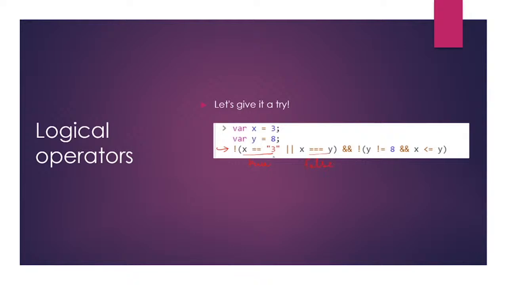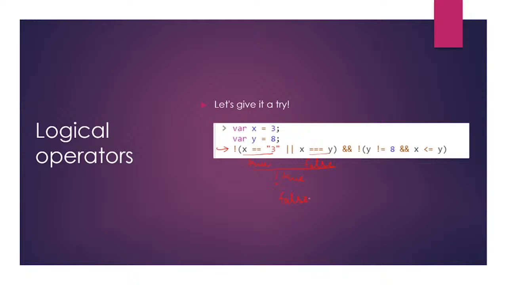Then in between these true and false conditions lies an OR symbol. That means totally it's going to give me a true value, and if we precede a not in front of this true, then it's going to give us false.